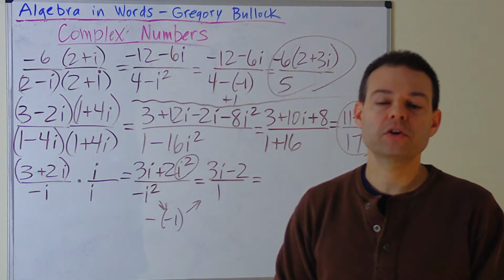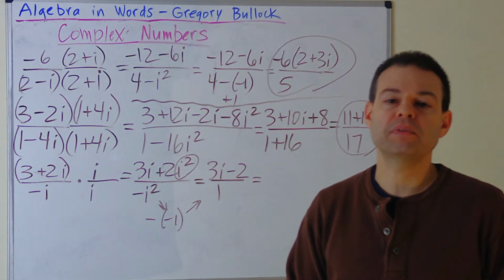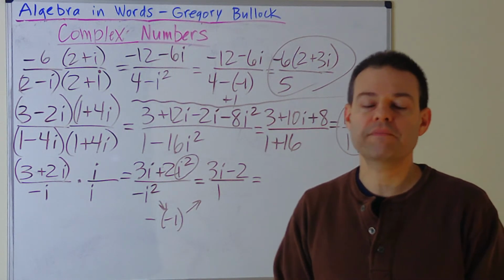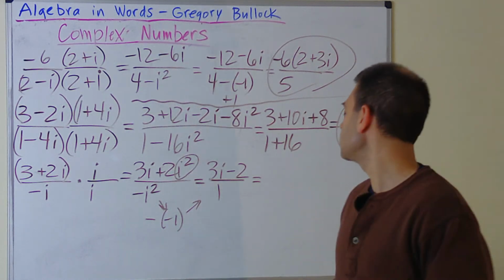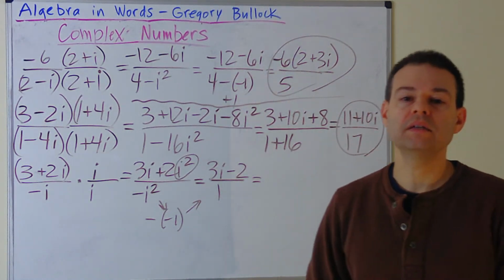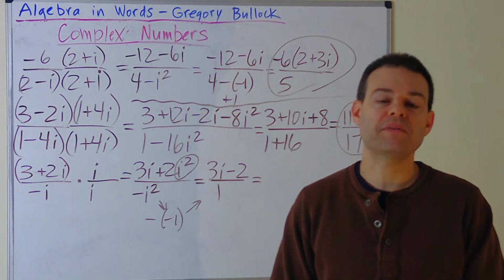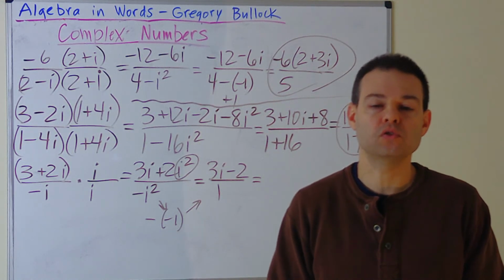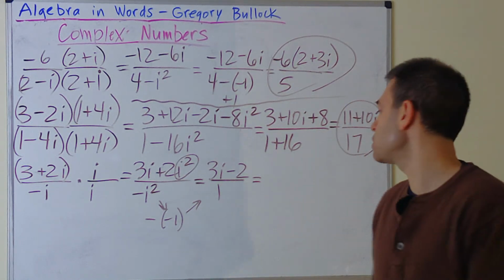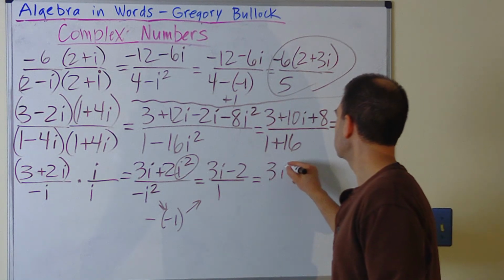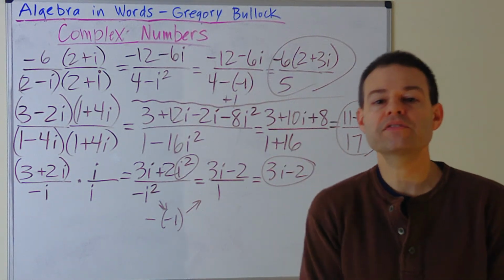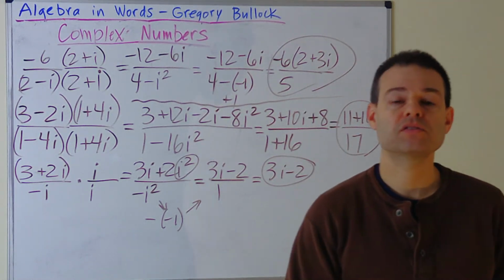There are no other like terms to combine in the top, so the top is simplified, and there's also no greatest common factor in the top, so we can't factor that out either. And finally, since everything is over 1, we can just not write the over 1 part, because anything can be assumed to be written over 1, so we can write the final answer as 3i minus 2.